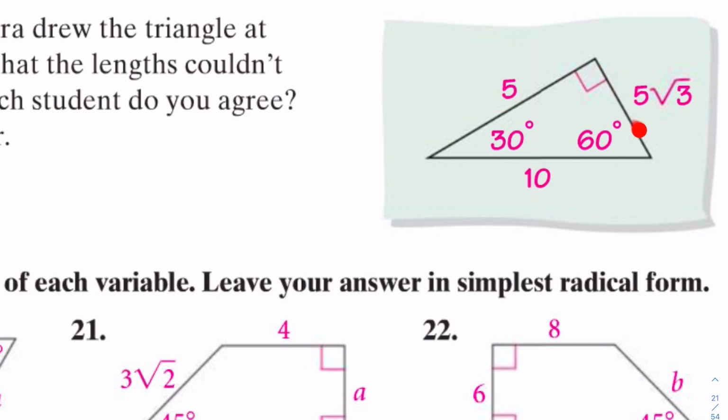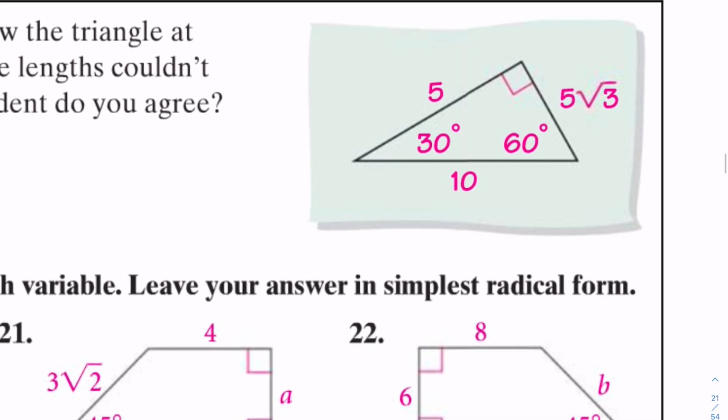And if the long leg is the short leg times the square root of 3, we get 5 square roots of 3, which works as well. The problem is the location that these are in. Notice that this is the 30-degree angle, so opposite the 30 is your short leg, which doesn't have the 5. And 60 is across from the longer leg, which should be 5 square roots of 3.